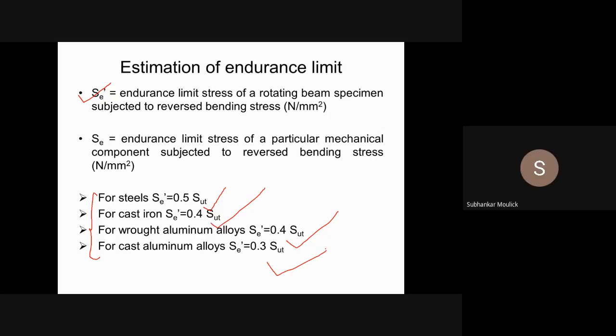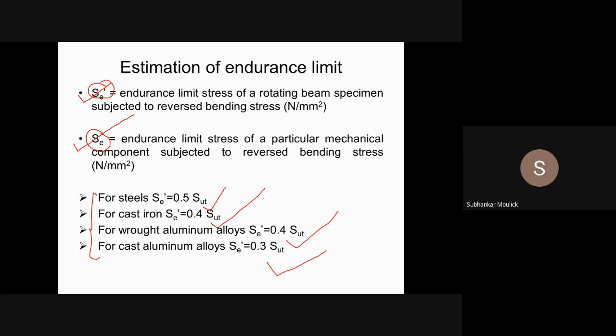Clear. If that is the case, then there will be one relationship between SE and SE dash. What is SE? SE is the actual endurance limit of any particular specimen that is manufactured in industry.